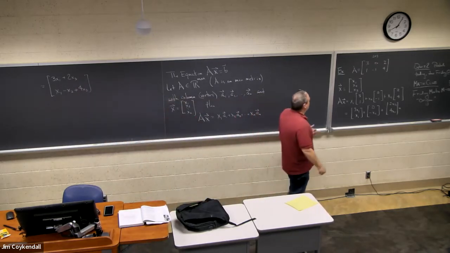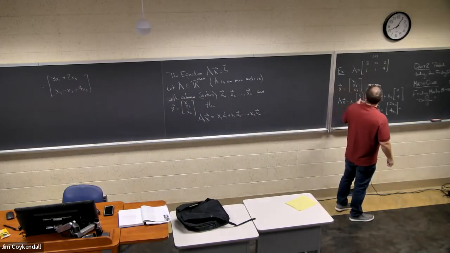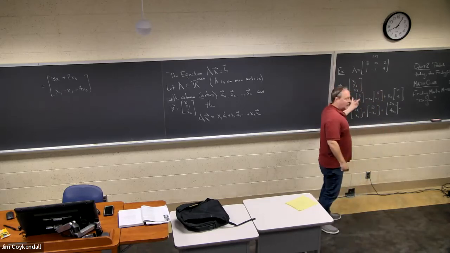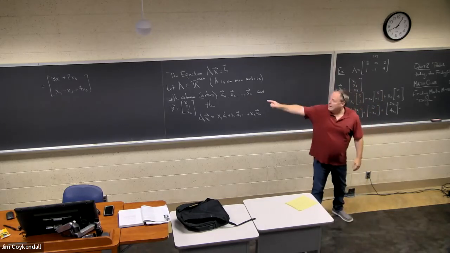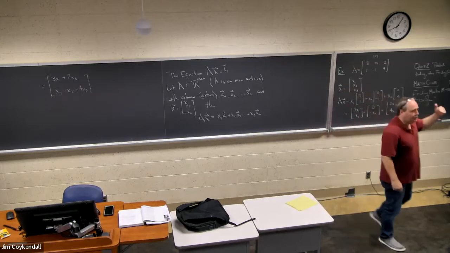So notice what I got was a 2 by 3 matrix multiplied by a 3 by 1 column vector gives me a 2 by 1 vector.